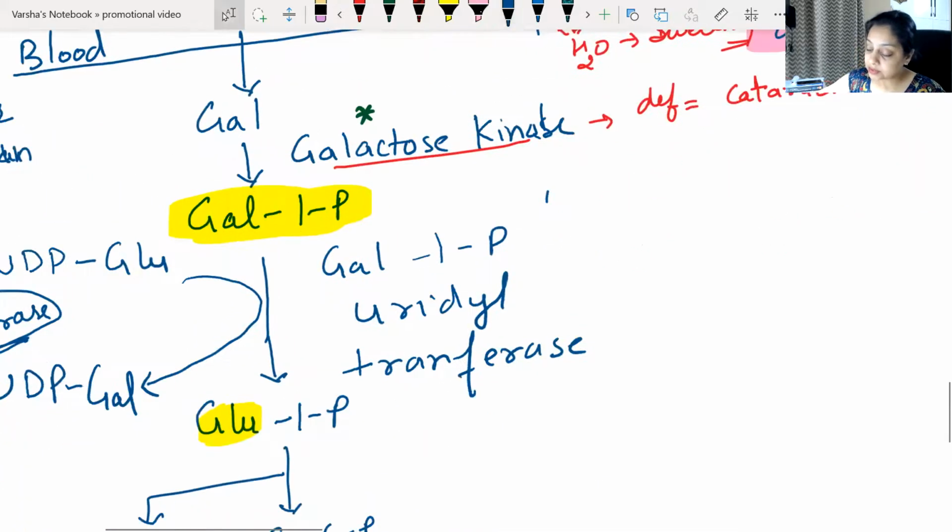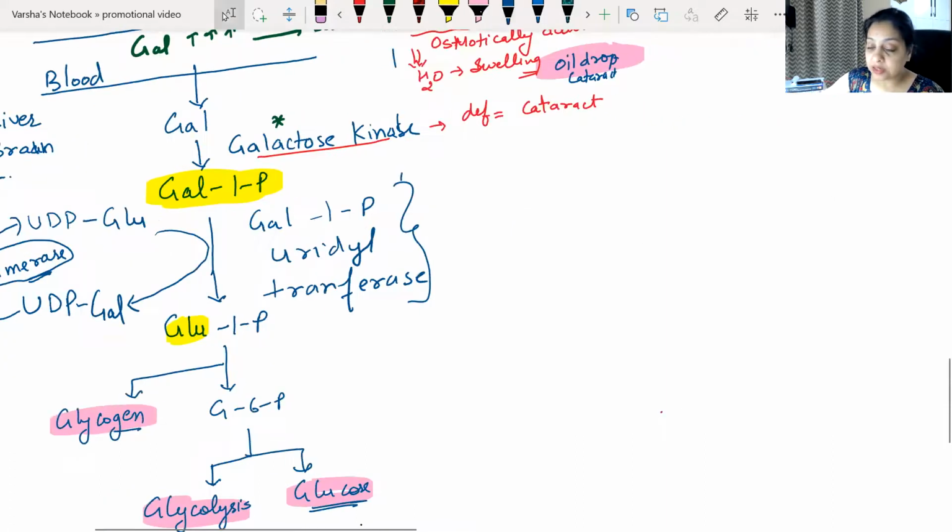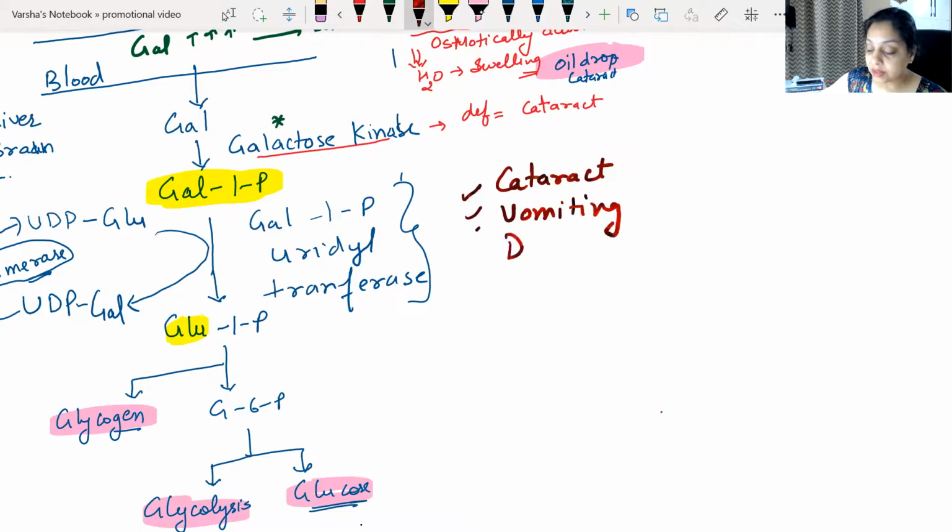And now the last enzyme is another very, very important enzyme, and you will definitely see a question, a short note on this enzyme deficiency. And what will be the clinical features? Definitely the cataract. What else? Vomiting. Diarrhea after lactose ingestion.